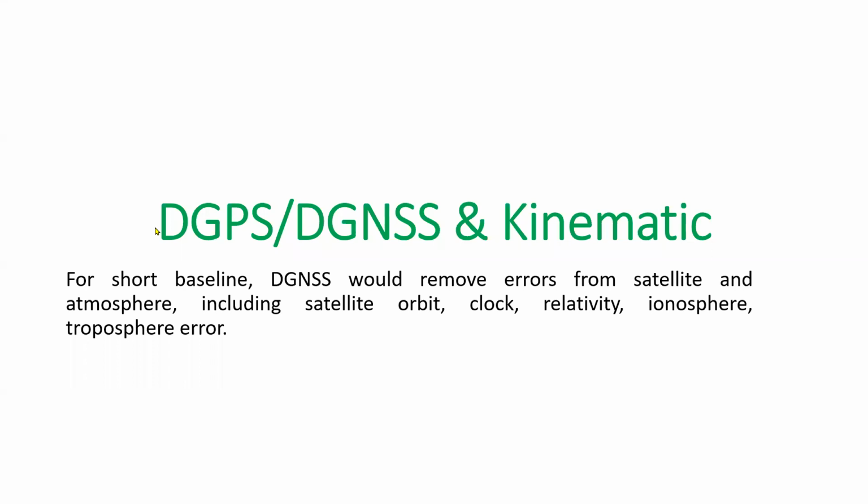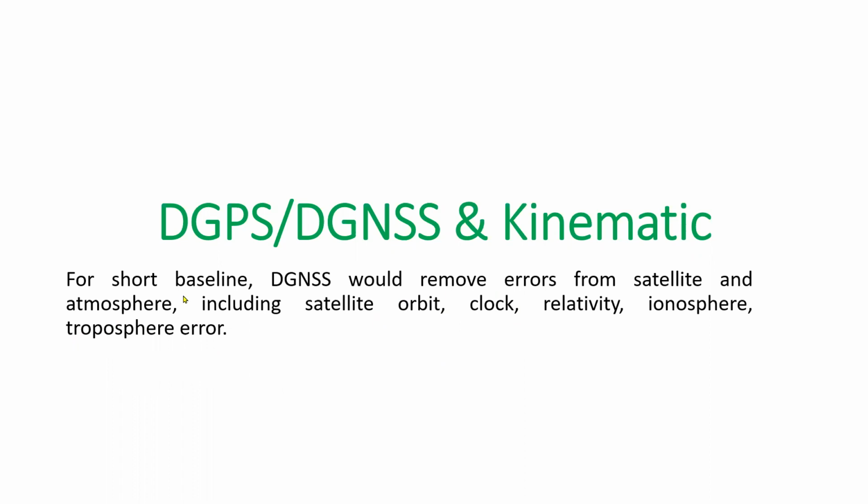Okay, there would be a base and rover for both DGPS and kinematic positioning mode, and the distance between base and rover we call a baseline. For a short baseline, both DGNSS and kinematic positioning mode remove the errors from satellite and atmosphere, along with satellite orbit error, clock error, relativity error, ionosphere error, and troposphere error.